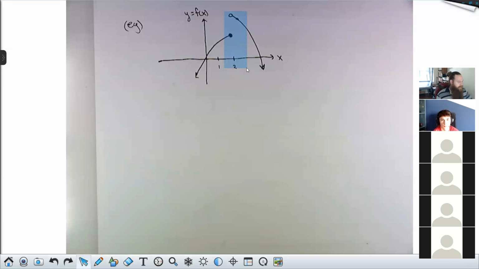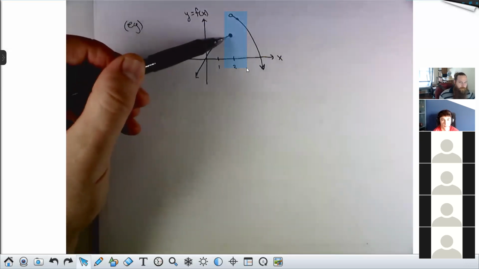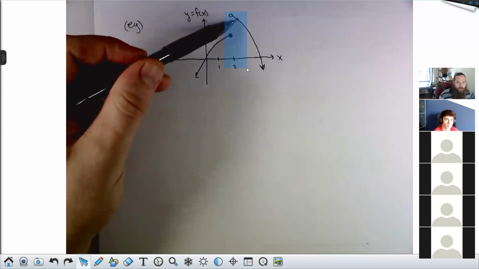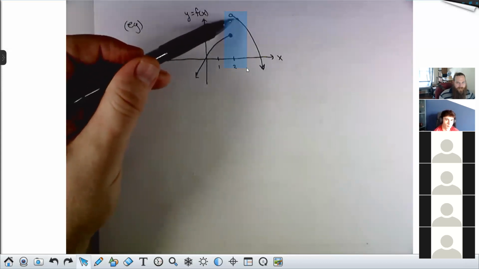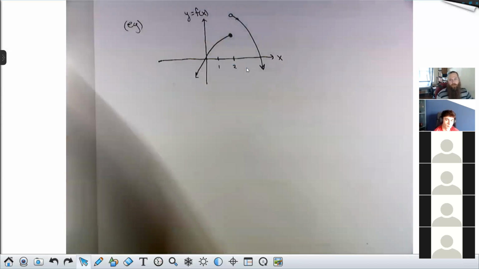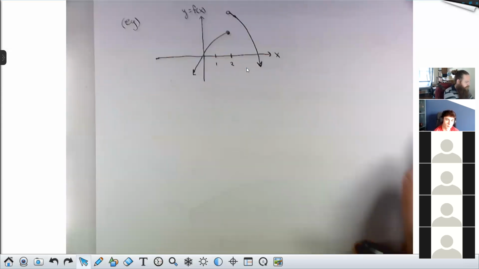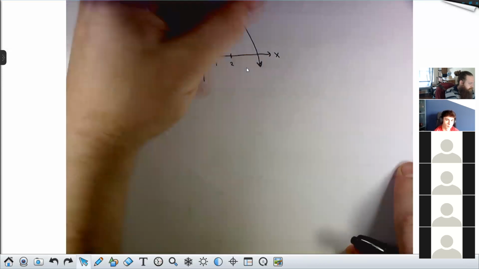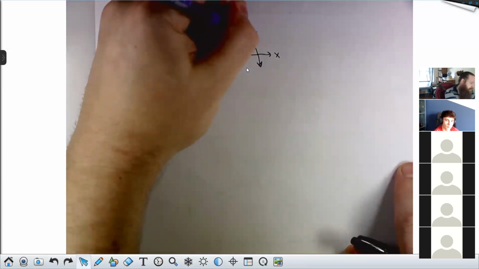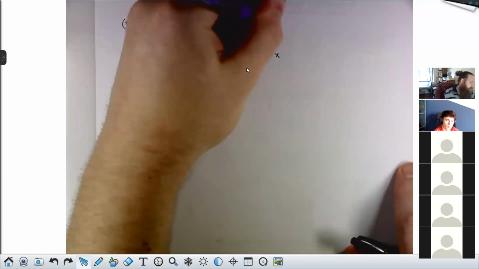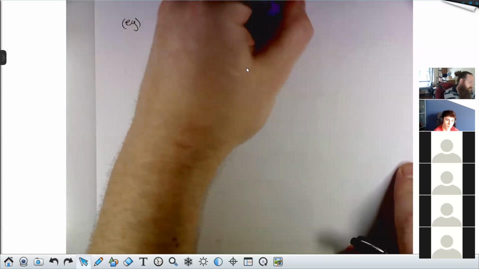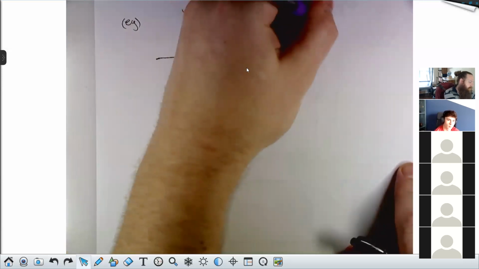If you look to the left, right over here, for example, I have a point that's a little bit below that point. And if you look to the right, again, not at the open circle, but just a little bit to the right of it, you have a point that's higher. So this point right here is neither a min nor a max.